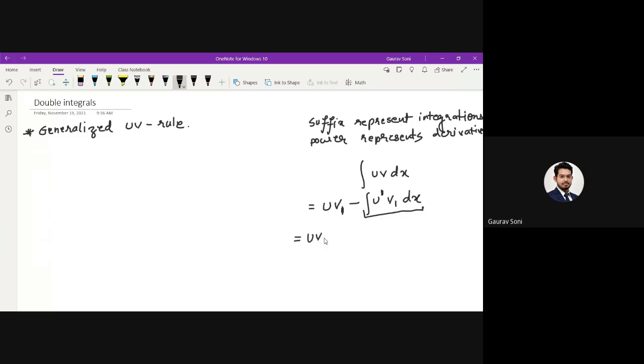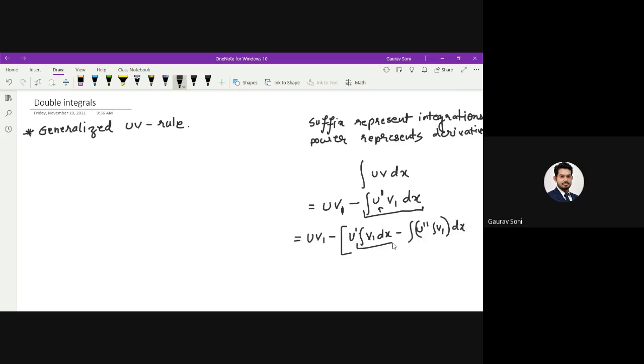So u v1 minus, when I apply the UV rule here, u dash as it is, integration of v1 dx, minus integration of the derivative of this term, that will become u double dash, integration of v1, total dx.